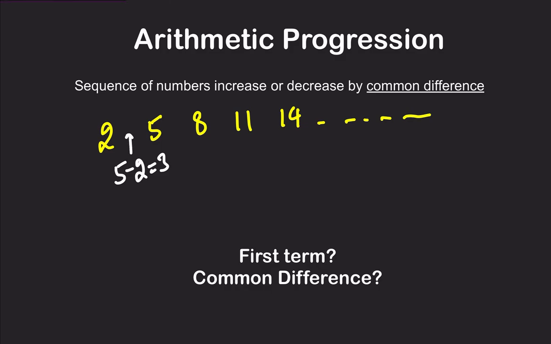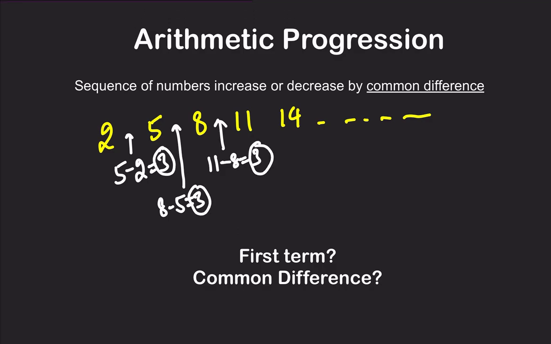So the difference between these two numbers is 3. For these two numbers, the difference is 8 minus 5, that is 3. For these two numbers, the difference is 11 minus 8 is equal to 3, and so on. So every time you are getting the same difference, that is 3. And this is known as the common difference. So this term is clear. Whatever difference is common in all the numbers of an arithmetic series is known as the common difference.